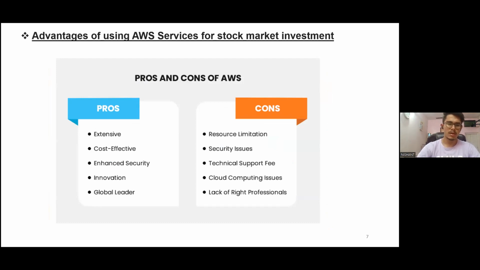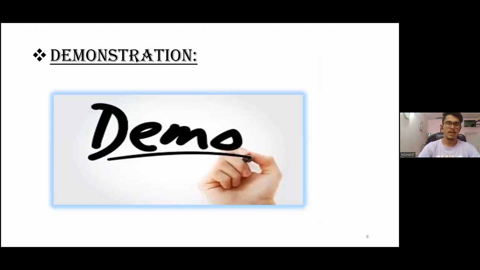Here are the pros of using the AWS services. The pros are that it is extensive, cost effective, it provides enhanced security, it is innovative, and it is a global leader. And the cons of using AWS services are its resource limitation, security issues, technical support fee, cloud computing issues, and the lack of right professionals.